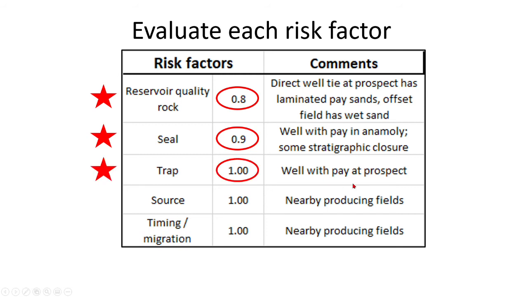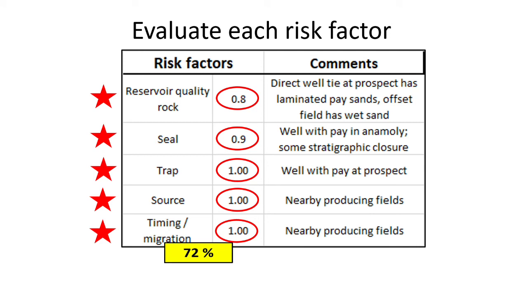The trap, we have 100% chance on that because we have pay in the prospect fault block. The source is 100% because we have nearby producing fields, so we know there's a source. And the timing migration is 1.0 or 100% because we have nearby producing fields, so we know that the migration and timing is working.